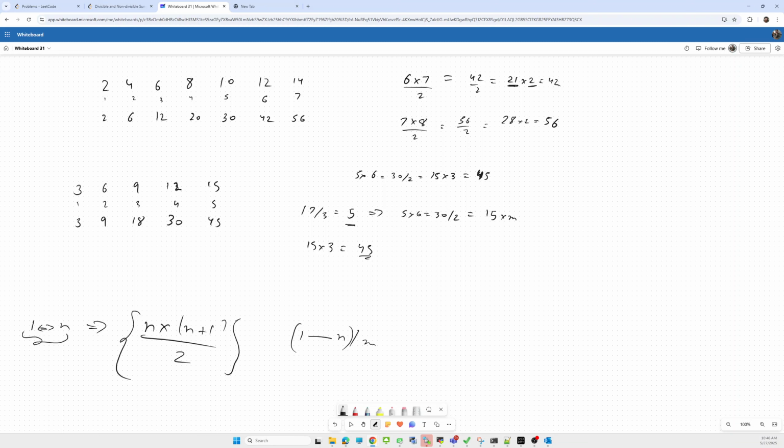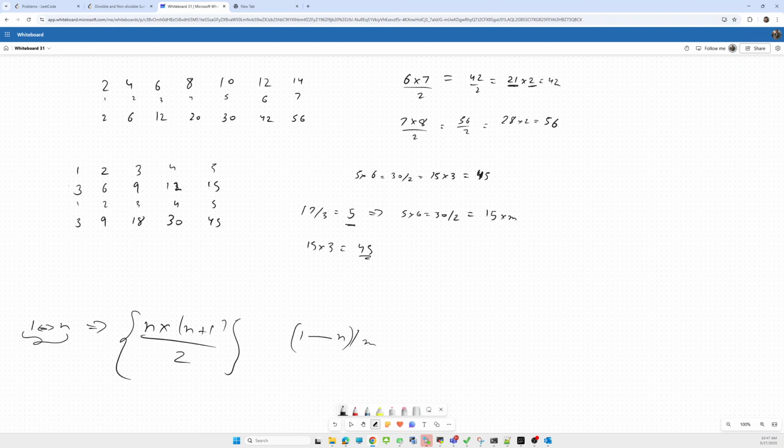Similarly, we take the same pattern for 5. The number of multiplications will be 1, 2, 3, 4 and 5. So what will be the sum? The sum will be 5 times 6 is 30, by 2.